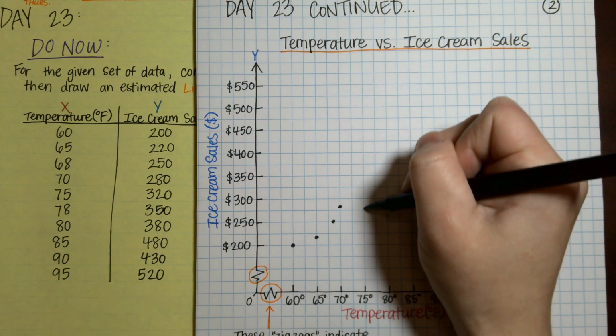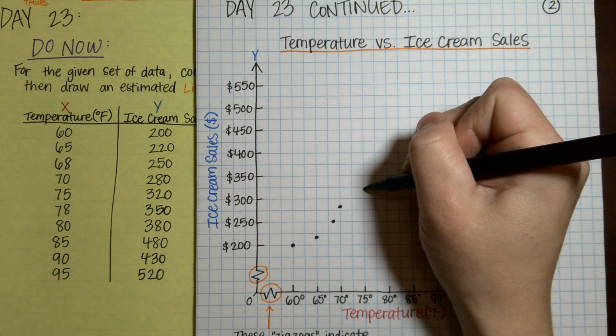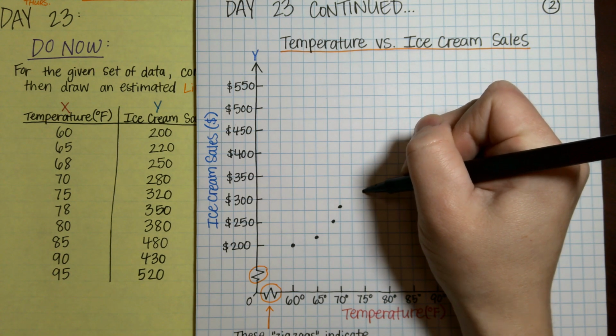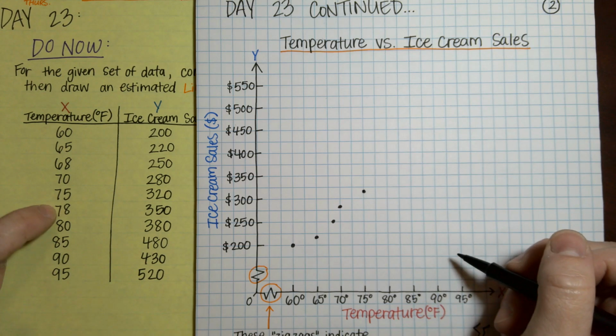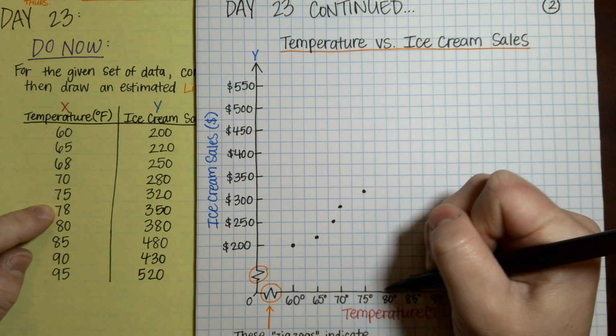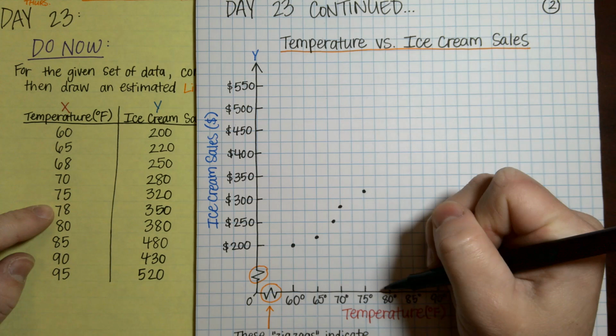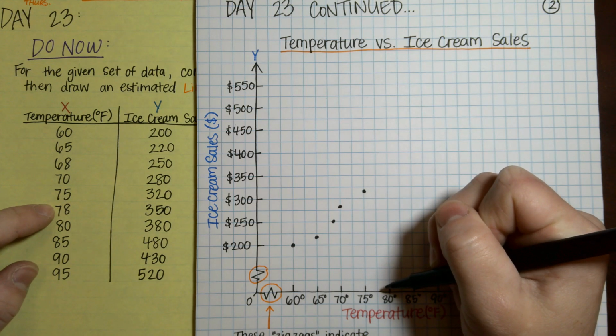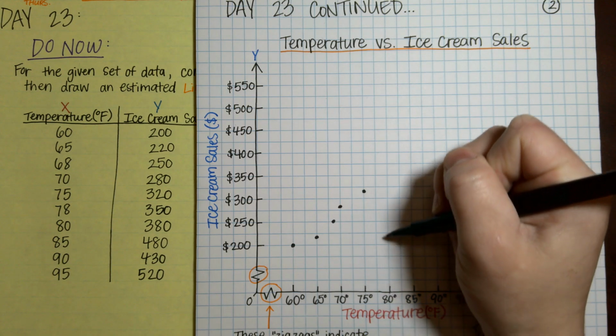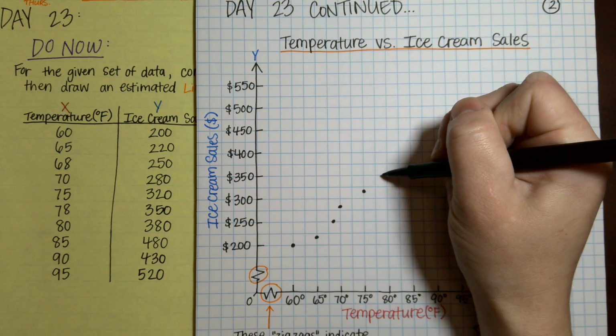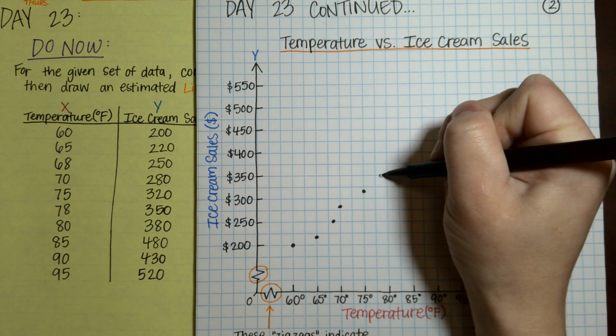So about, there's 25, a little below. All right, next is 78, again somewhere in between 75 and 80, and that's $350 for that day. So I'm going to go to 350 here.